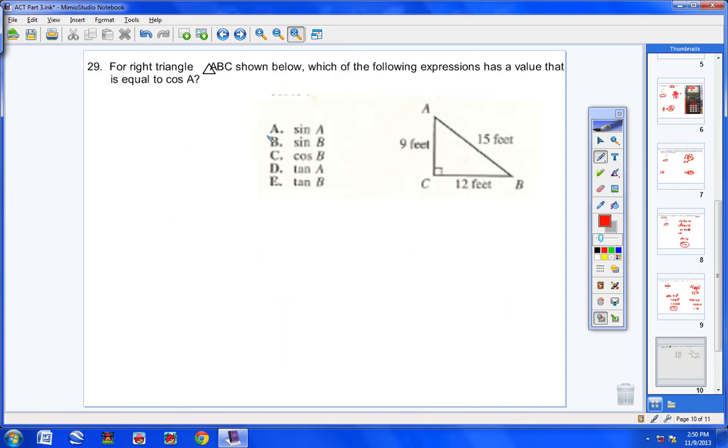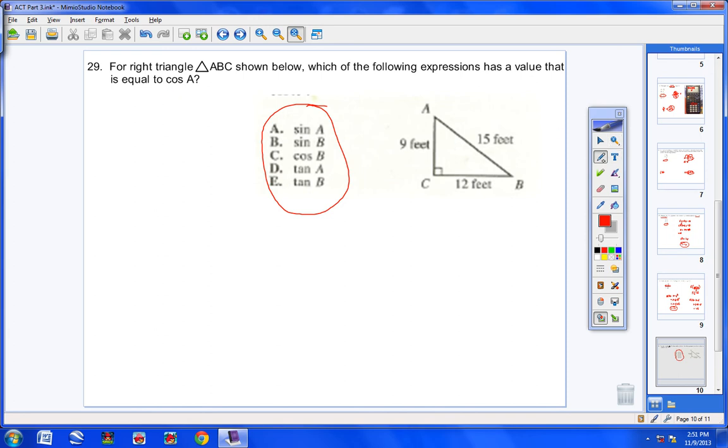All right, number 29. Okay, this will be interesting, so please pay close attention. For a right triangle ABC shown below, which of these expressions right here has a value that is equal to cosine of A?